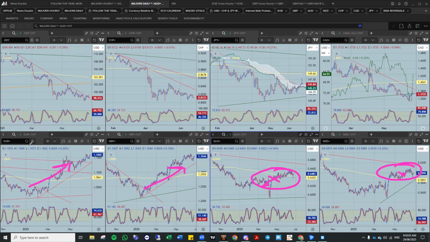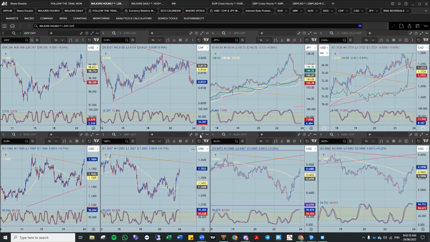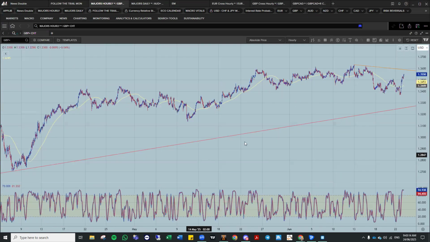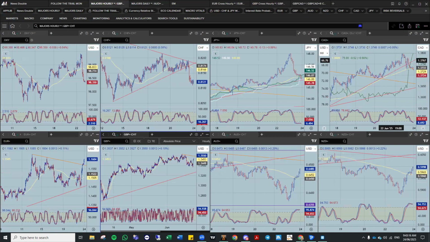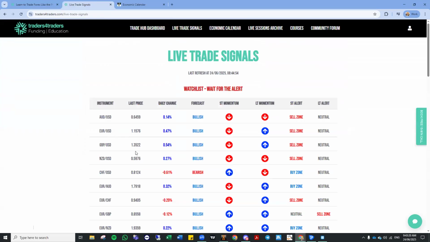So whether you look on these short term, or the long term charts, you can sort of map it out and actually get some structure into the trades. But most importantly, let's be objective.